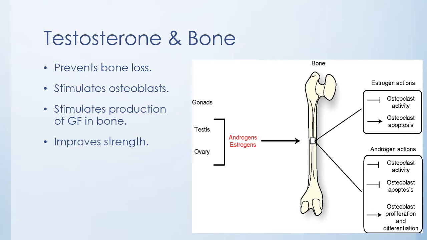Osteoclasts are important to increase the level of calcium in the blood, doing that by taking calcium out of the bone and releasing it into the blood.